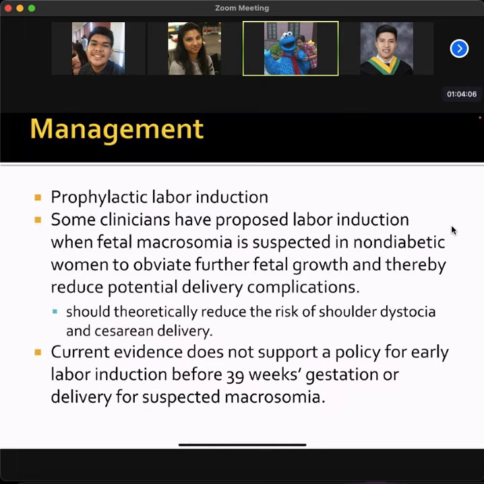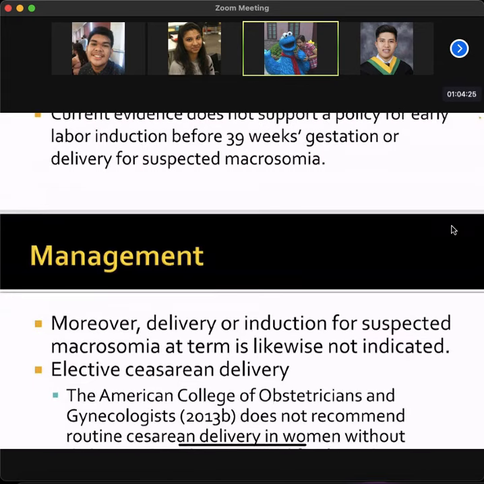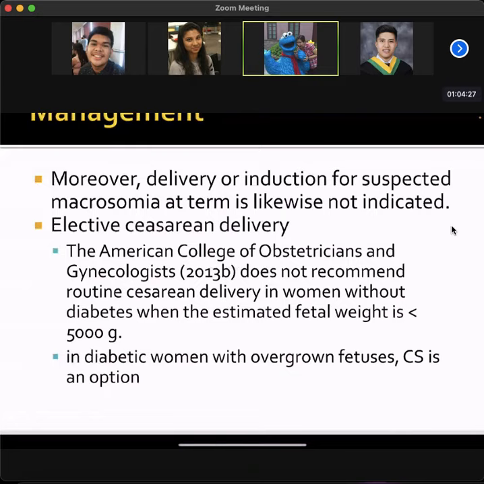However, current evidence does not support a policy for early labor induction. So, in short, if you are to do prophylactic labor induction, the pregnancy should be at 39 weeks age of gestation or more. Moreover, delivery or induction for suspected macrosomia at term is likewise not indicated.